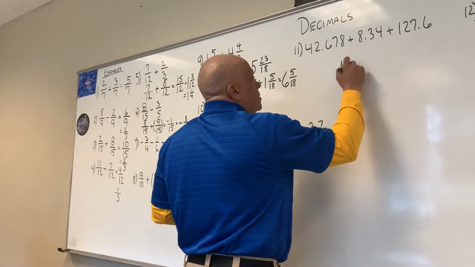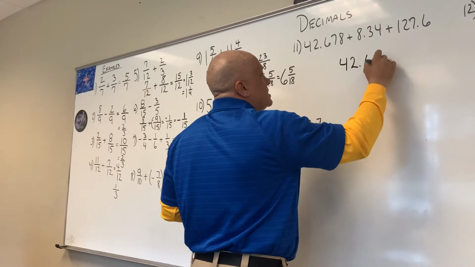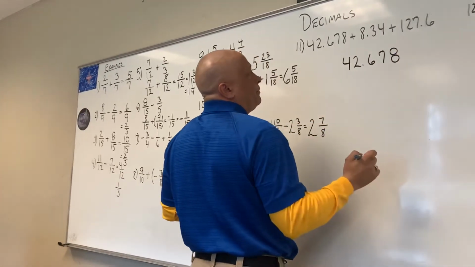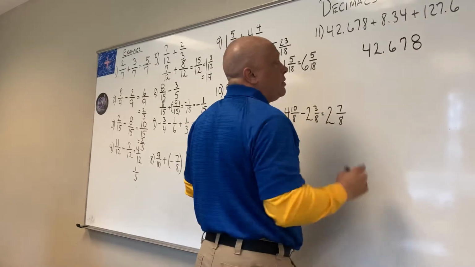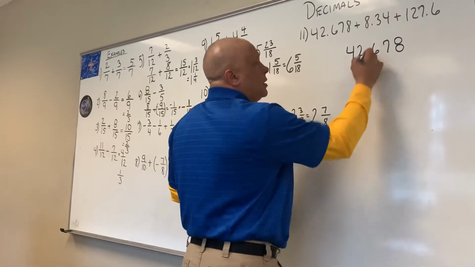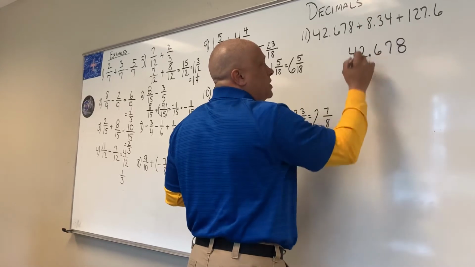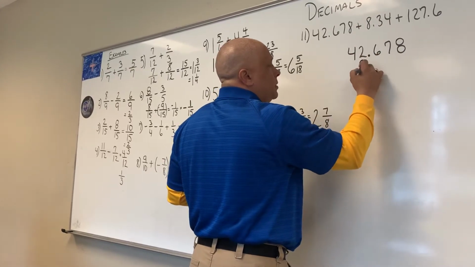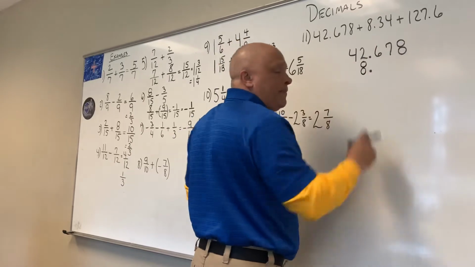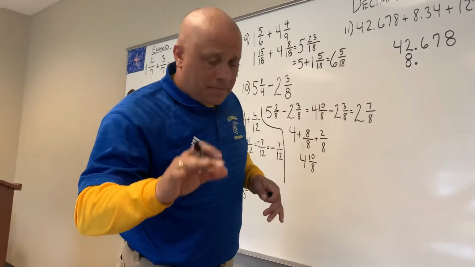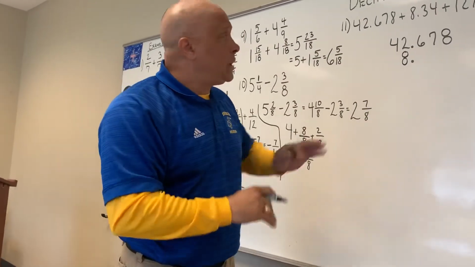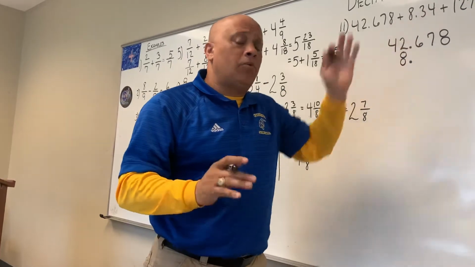You have 42.678. You're going to add 8.34. So I put my decimal in. My 8 is in the ones place, so that definitely goes under the 2. My 3 here is in the tenths place for the decimal, because remember, we don't have a ones place on the right side of the decimal.